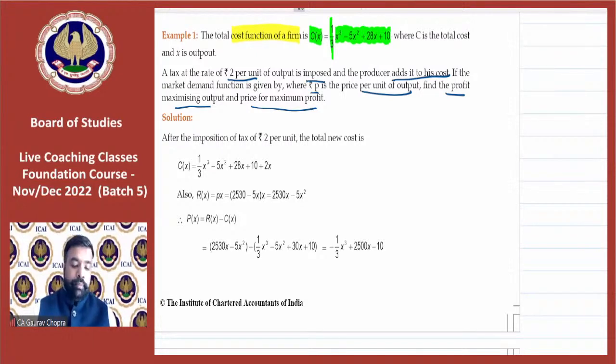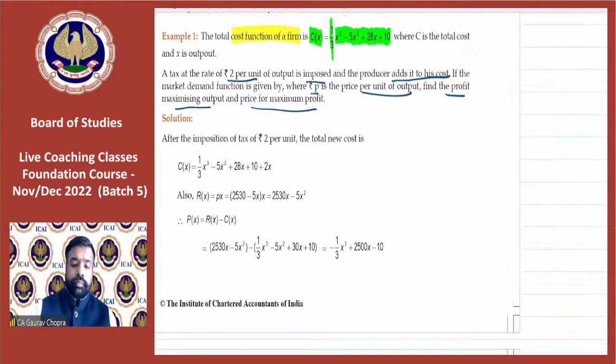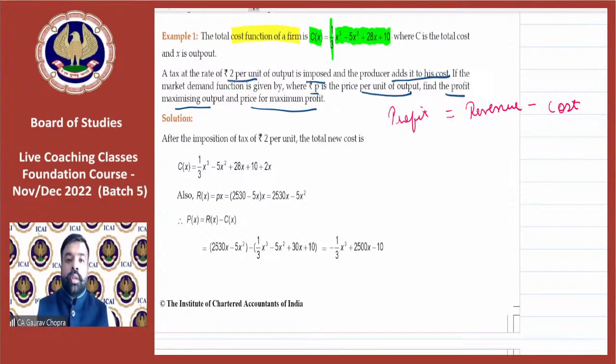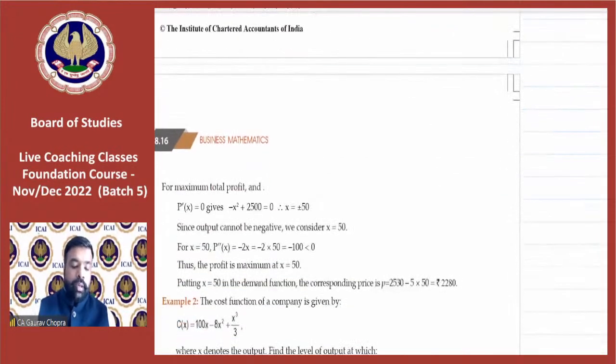But what is the first step? The question is talking about profit. Whenever we have to calculate the profit, how does profit come? It is revenue minus cost. Profit is equal to sales minus cost, or we say revenue minus cost. So what is the revenue? Here we have to judge that first, and accordingly we can calculate the profit.